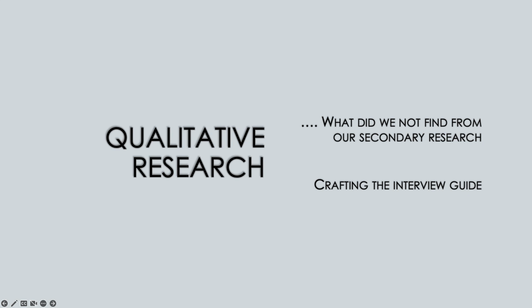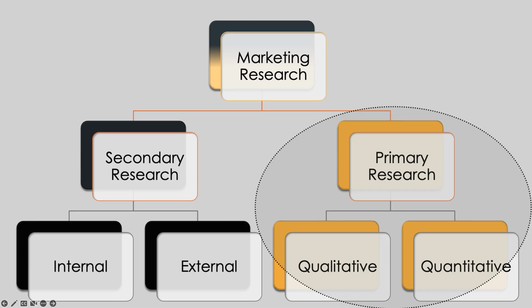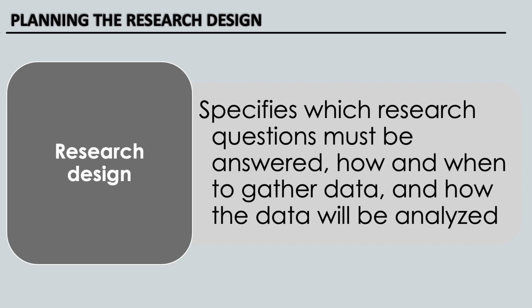And typically you'll be interviewing your customers or your prospective customers, your personas. And this is truly a part of primary research for qualitative research. So when we think about the research from a research design perspective, we want to answer questions of who, what, when, and why.